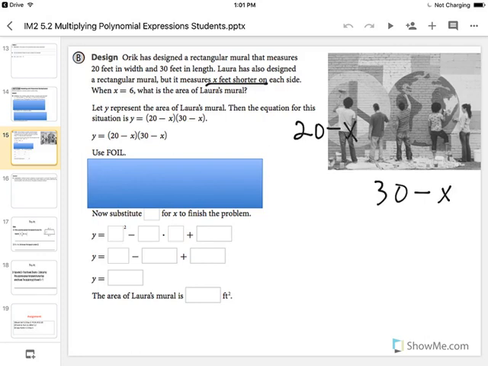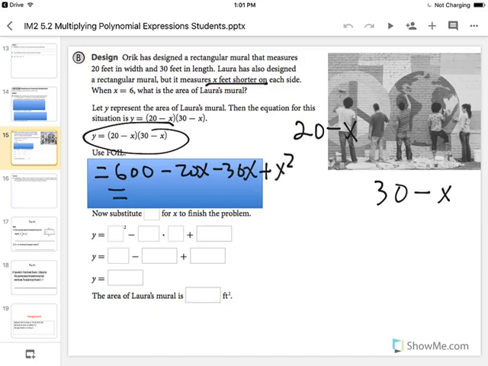Okay, so this is the formula for it, so use FOIL. So we have 600 minus 20x minus 30x plus x squared. Combining like terms, we write it in standard form, so it gives us x squared minus 50x plus 600.